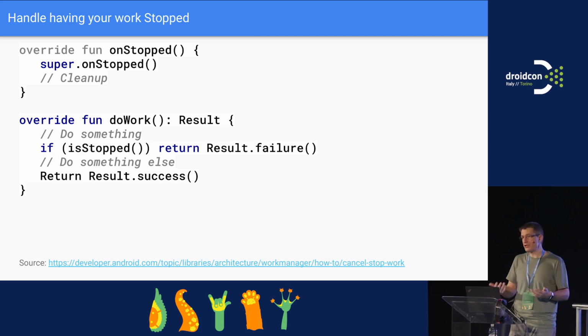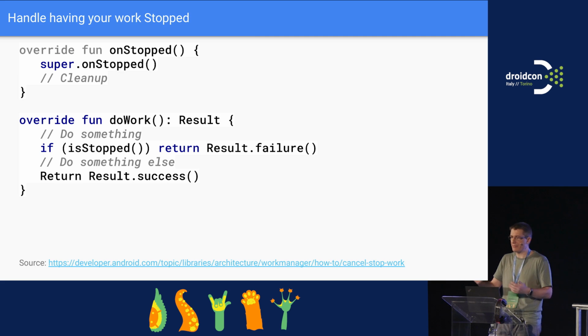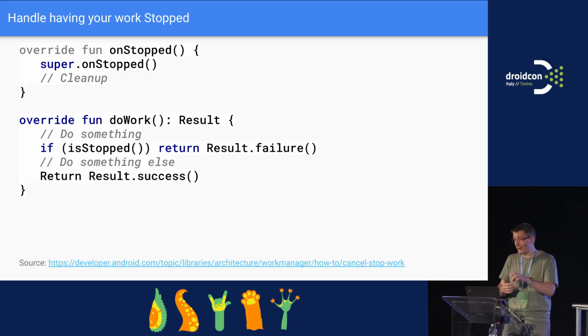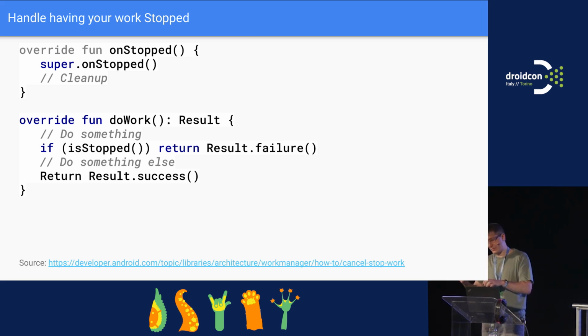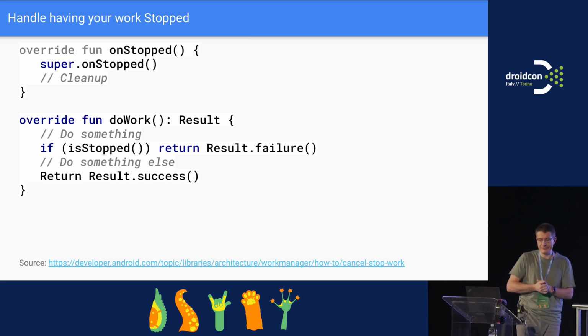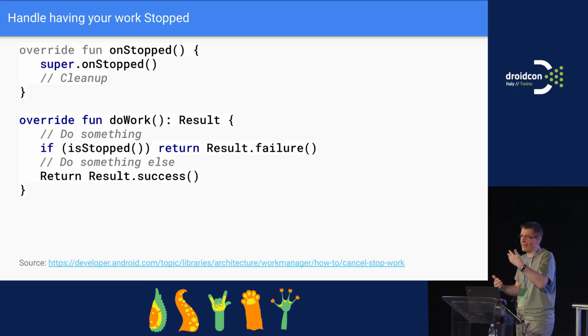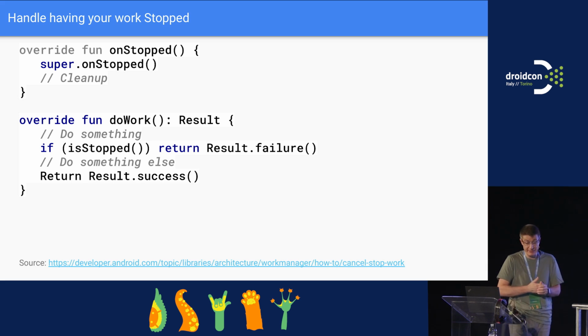What are the possibilities to have your worker stopped? Well, you can cancel it for whatever reason, because the user decides to cancel some activities. Or for example, if you are using a unique work request, you can update the work request with a replace, and so the current work is cancelled, is stopped, and the new work is then run in its place.